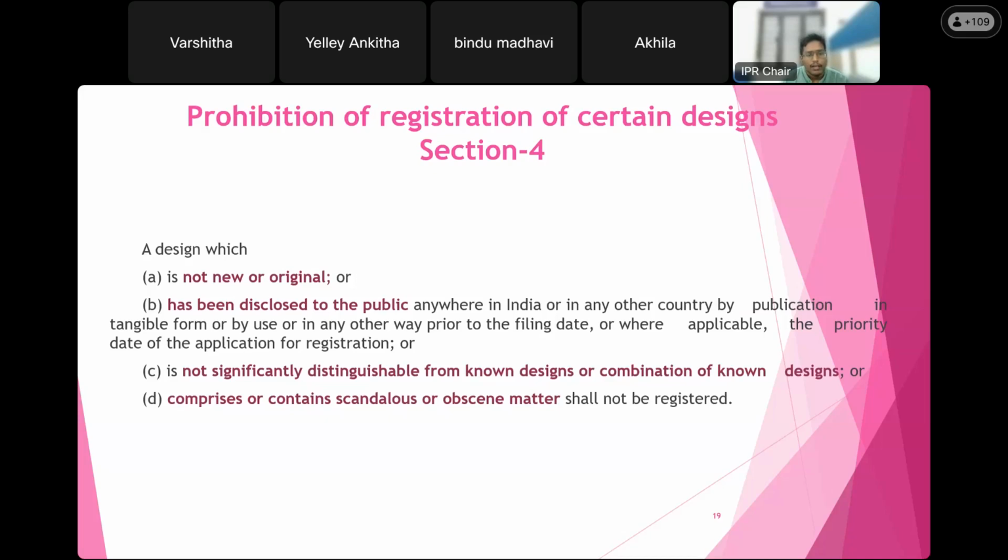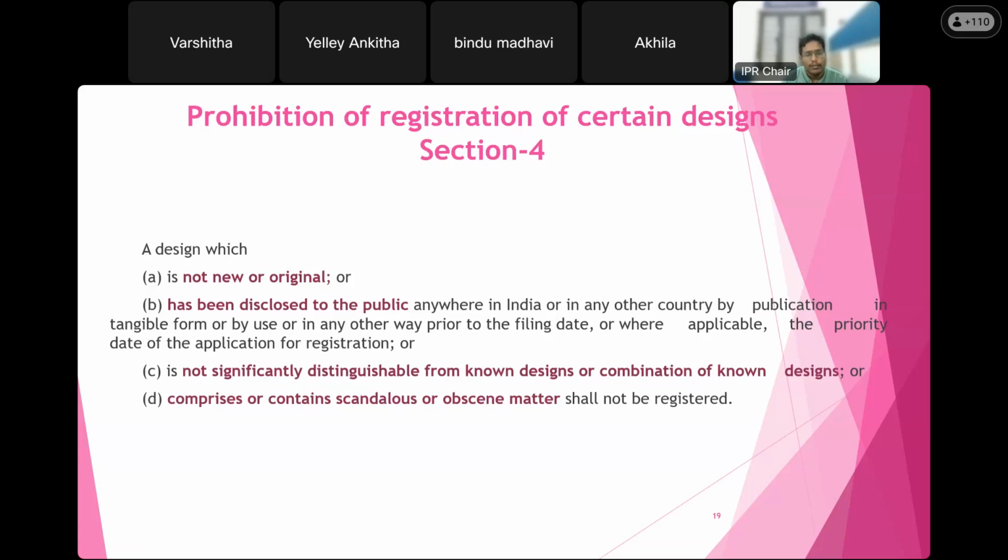And it is not significantly distinguishable from known designs or a combination of known designs. You take some already existing design, and if you come up with a new design which is not that much distinguishable, because it is almost similar to the previous design, so it is not distinguishing the existing design, in that case also design cannot be given.